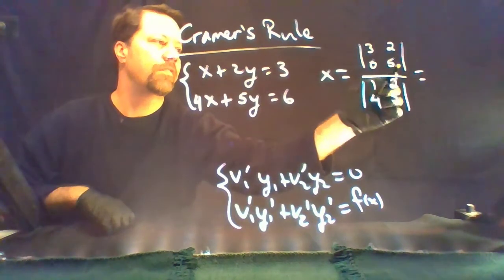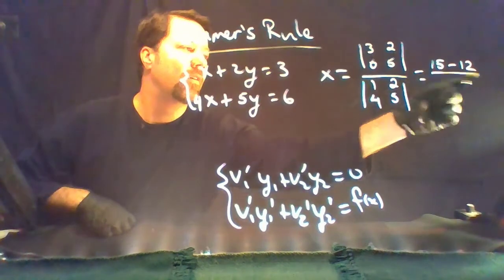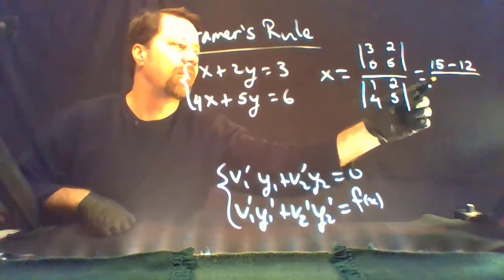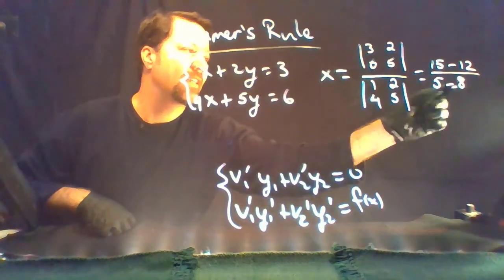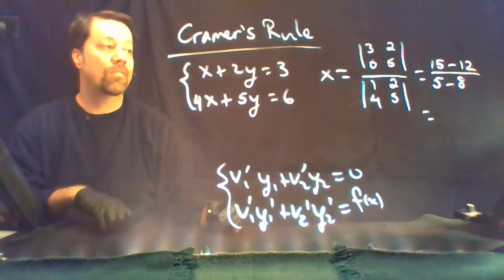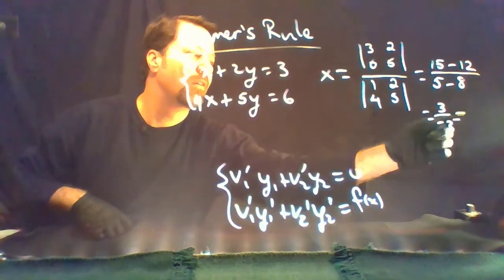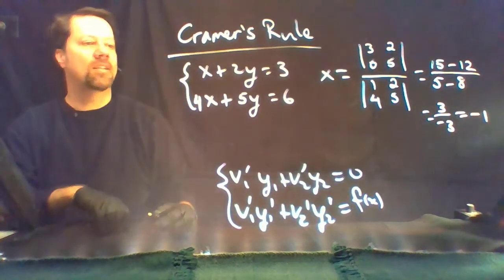This gives you 15 minus 12 over 5 minus 8. 15 minus 12 is 3, 5 minus 8 is negative 3. And so x is negative 1.